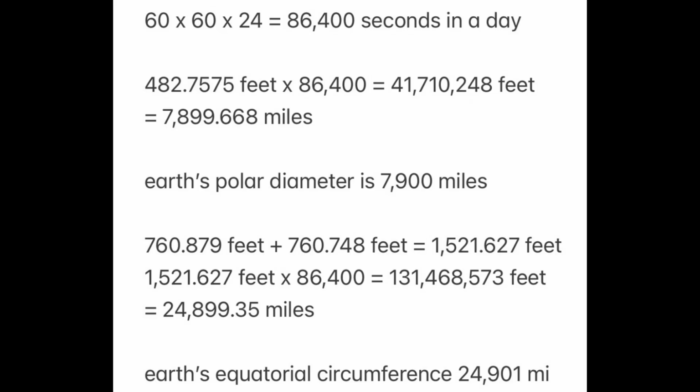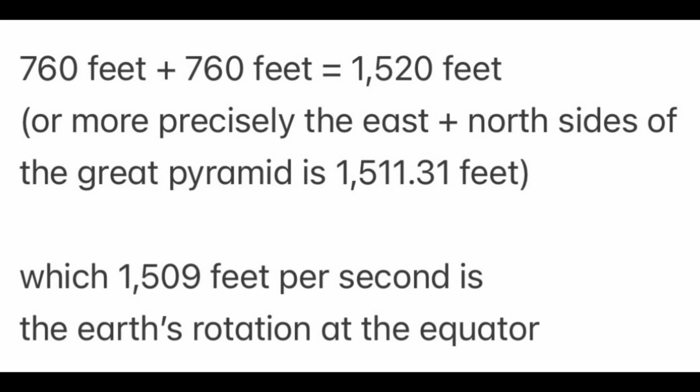Then multiply that number by 86,400, which is how many seconds are in a day. You get 131,468,573 feet. That is 24,899.35 miles. Earth's equatorial circumference is 24,901 miles. Don't get it twisted, it's all interconnected, and none of this is a coincidence.